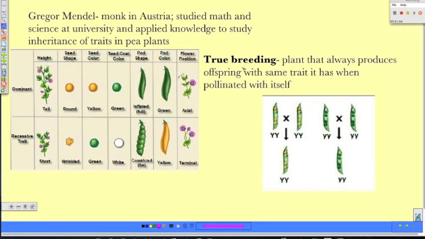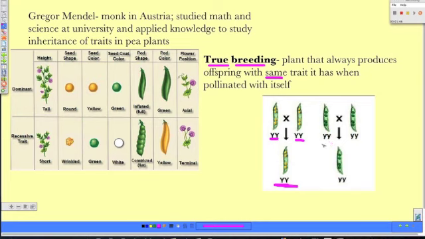One of the things that he was working with was the idea of true breeding. This is a plant that always produces offspring with the same trait it has when pollinated with itself. So if I take something that's dominant for, let's say, a seed color, and I cross it with itself or another one just like it, a true breeding plant will always produce offspring looking just like the parent.